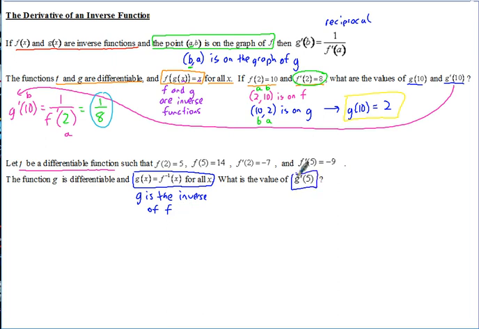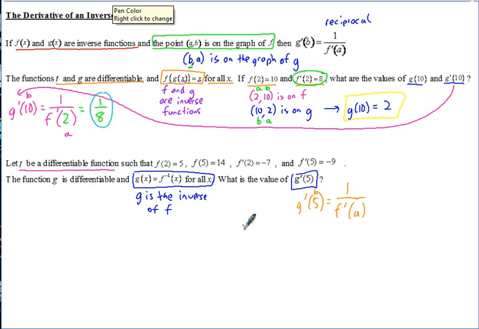Well, let's see what that is. Well, g prime of 5 would be 1 over f prime of a, right? Just using our formula here. So this is our b value. We're looking for a. So this time we don't know right away what a is. So what we can do to reason that out is, well, this is b, this is a.